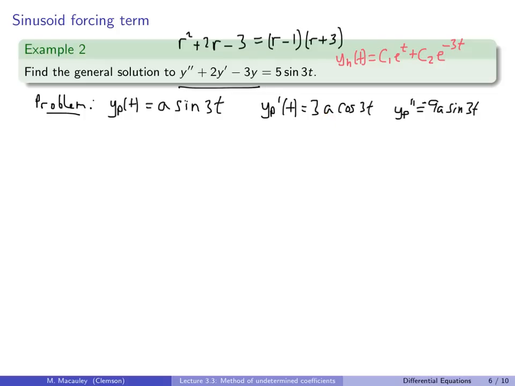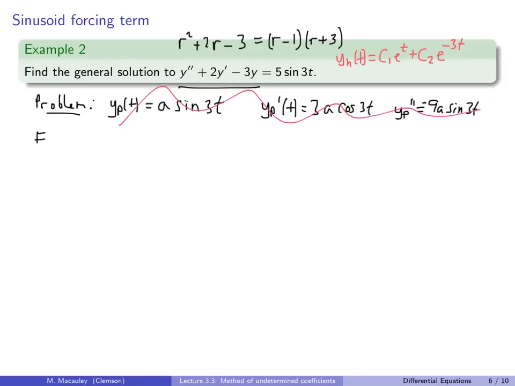So that is simply not going to work. Well, before I say it's not going to work, it would work if our ODE did not have this middle term in. So if we just had y double prime minus 3y on the left-hand side, then we would not have this cosine problem.